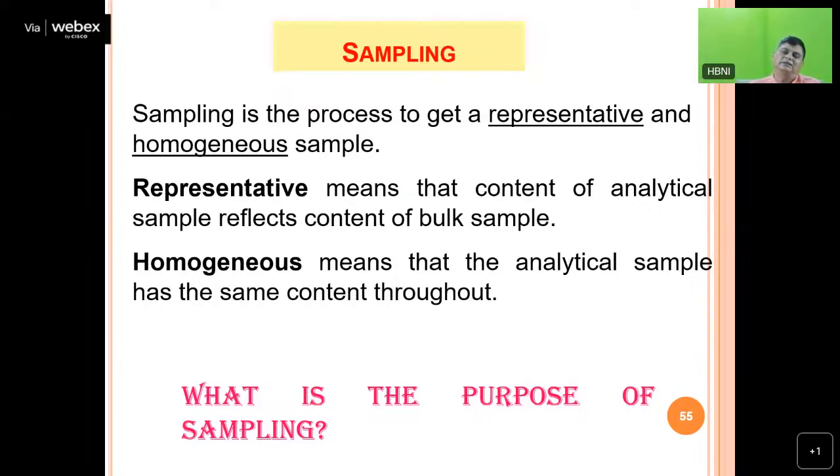And those 100 samples should give a representation of your 1,000 samples. So that's how we say it's very important to have representative samples as well as homogeneity. These are the two very important terms in sampling: my sample should be representative as well as homogeneous.